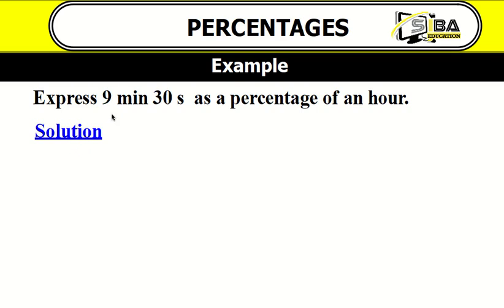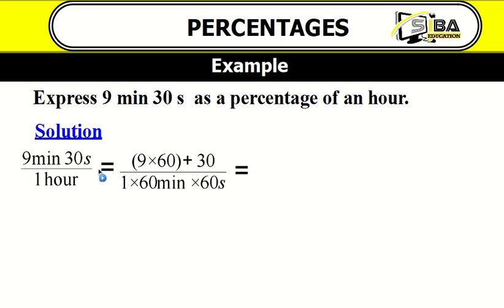Now the first thing, let's express 9 minutes 30 seconds as a fraction of 1 hour. Now the next thing that should come to mind is that these values come with different units, and therefore let's convert all of them to the lowest unit. Therefore the minutes will be converted to seconds, and 1 hour is also converted to seconds.